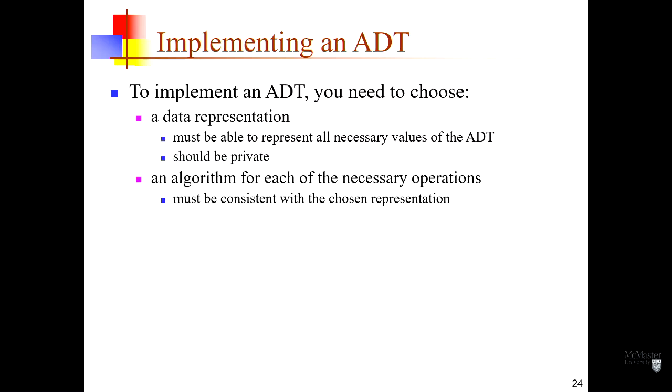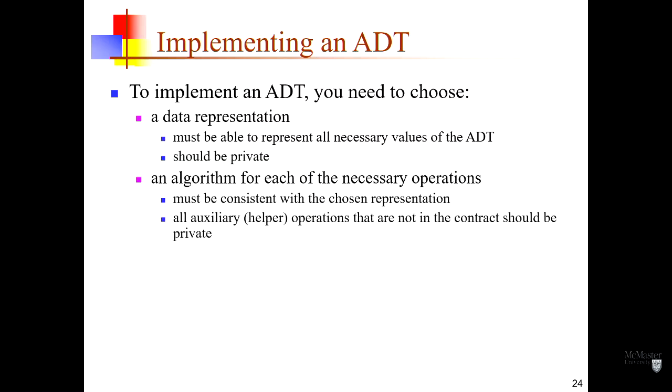For example, in the lab, you do insertion, deletion, a copy, maybe initialization. These are the things that the abstraction data type is promising. Then implementing an abstraction data type means you should implement an algorithm that covers all these methods. So you should write an algorithm for each necessary operation promised by the abstraction data type.